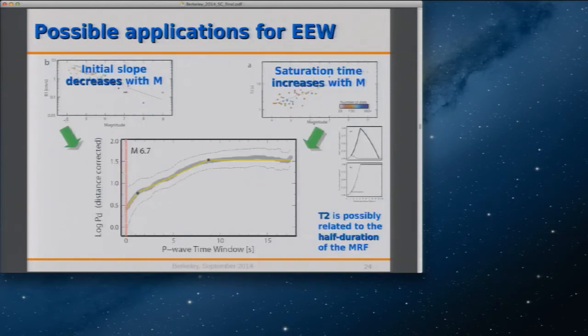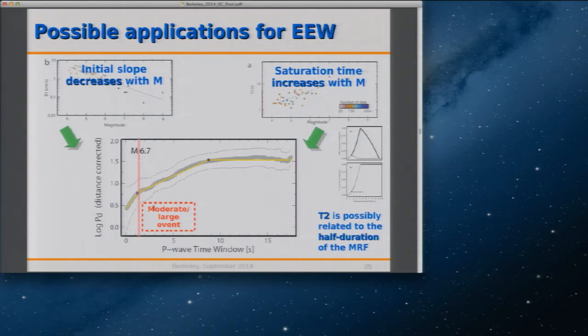And then I just want to conclude by giving what can be the future perspective of this work. So the idea is that we start measuring PD as soon as we get the P wave, and then as soon as the slope is changing, we can rapidly discriminate a small event from a large event.